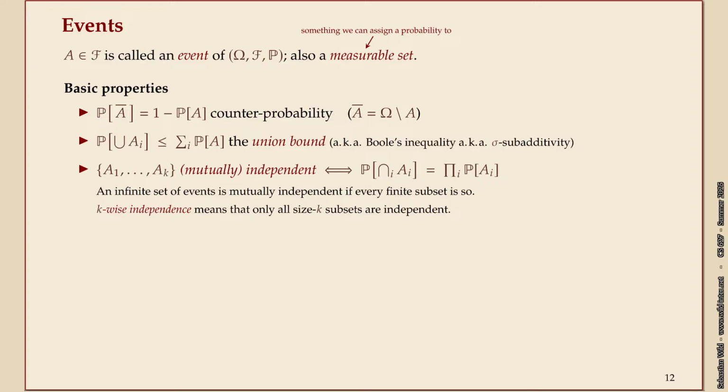Okay, so if we have some events, we can talk about independence, and this is really just defined via their probabilities. Events are independent if the probabilities factor. So if you take the intersection, that all these events happen at the same time, then that has to be the product of their probabilities.